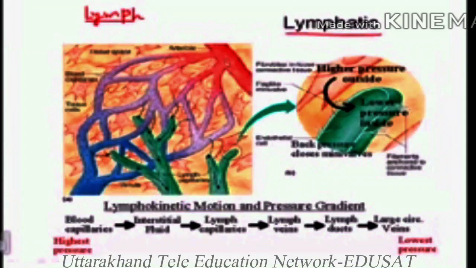We have arterioles and we have venules, but where they meet together is a very small mesh of network. This is called the blood capillary. These blood capillaries are so small that nutrients can diffuse from the blood capillaries to the intracellular space where all the cells reside.